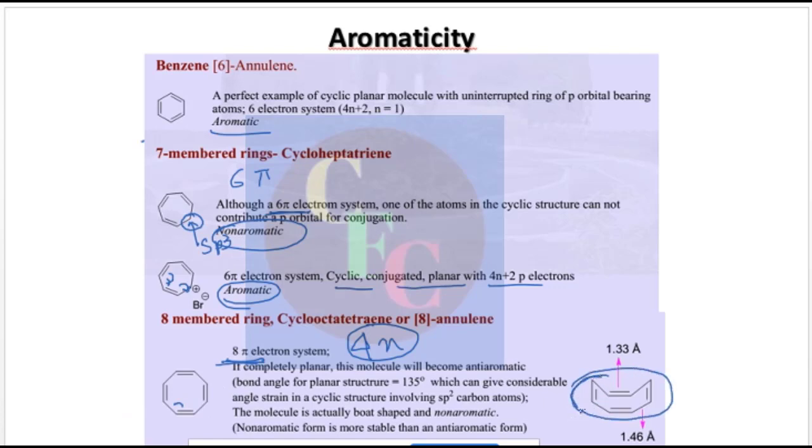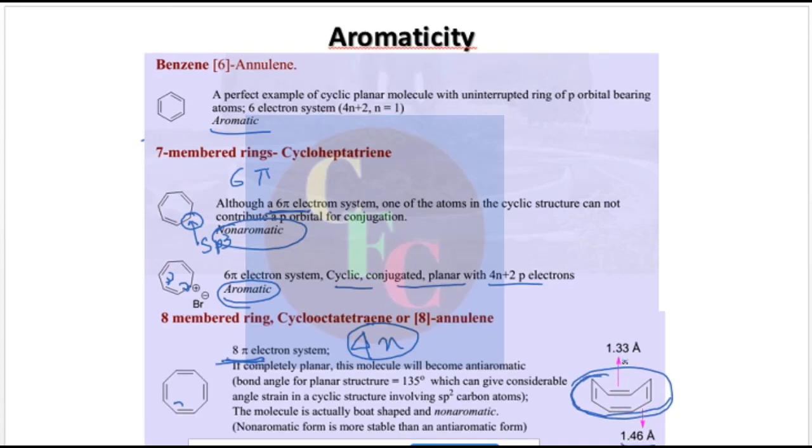You have a tub-like structure here, right? It makes it like this with 2 different kinds of bonds, a single bond and a double bond here. Different kinds of bonds, so that now it is not planar, so there is no uninterrupted system.